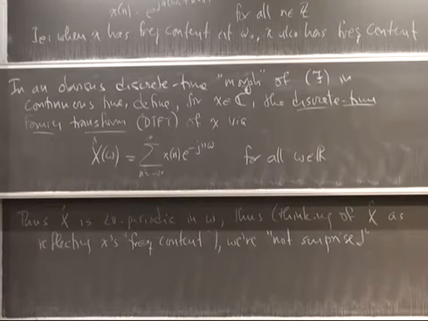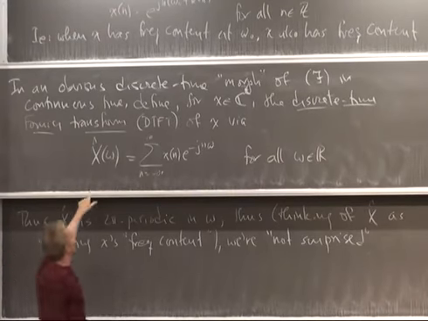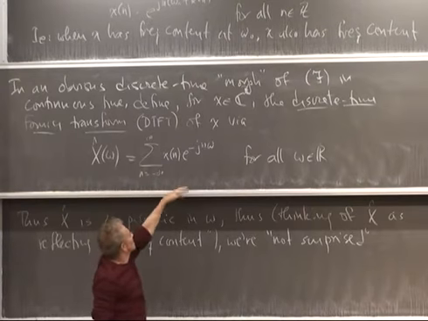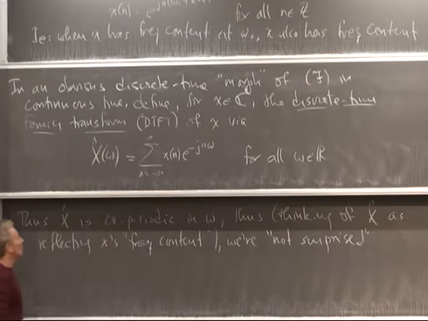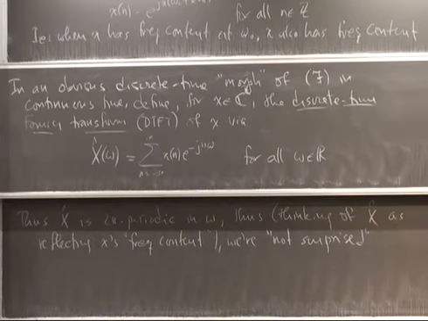Furthermore, the fact that x hat is 2 pi periodic and the fact that we've expanded it this way as the sum of constants times e to the minus j n omega, what that reveals is that these constants, these values of the signal x, are like Fourier coefficients for the 2 pi periodic function x hat of omega.